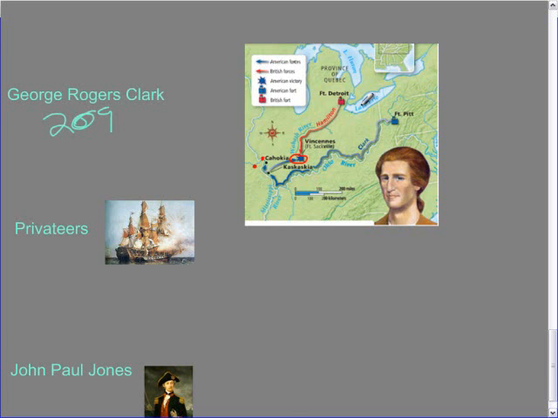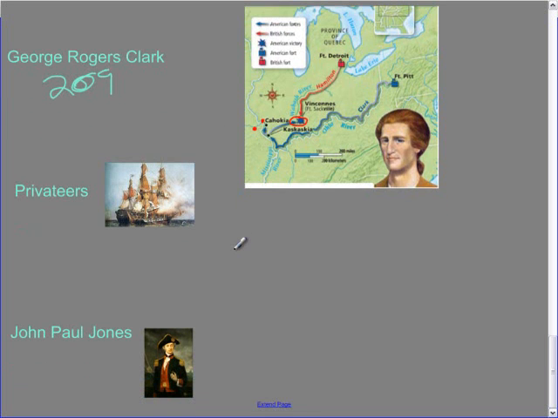Another place that fighting takes place is, of course, on the ocean. The Americans do not have a very big navy, and they had to actually hire what are called privateers. Let's go back to blue. They had to hire privateers to basically capture British ships and attack them on the open sea.